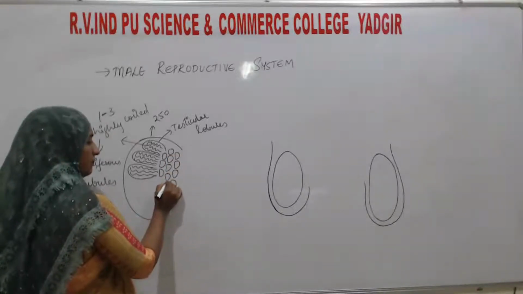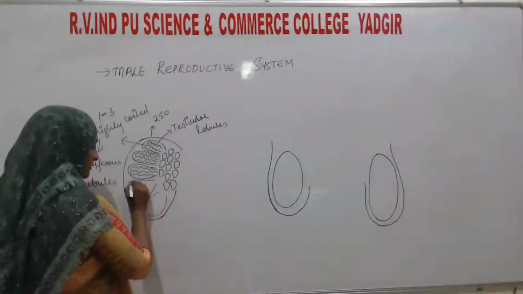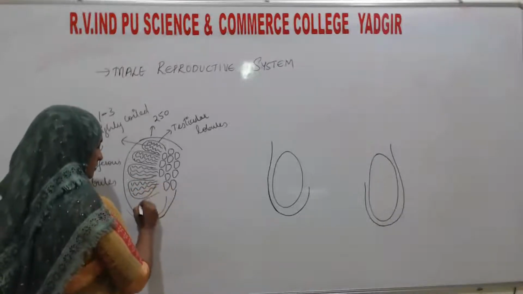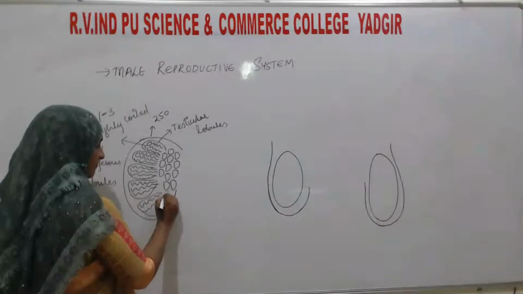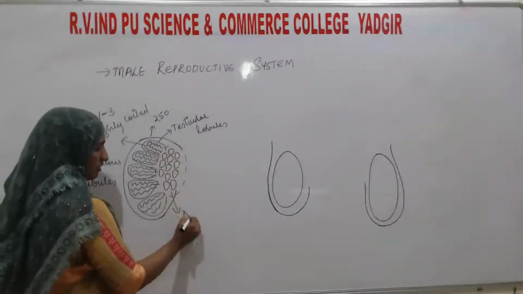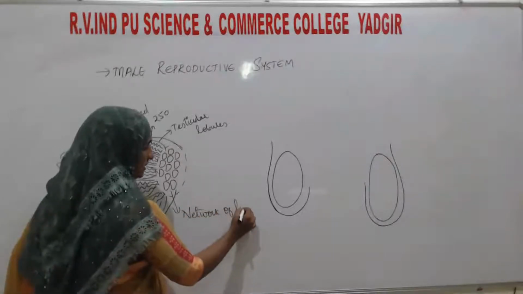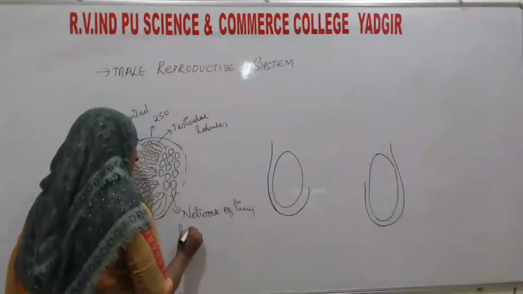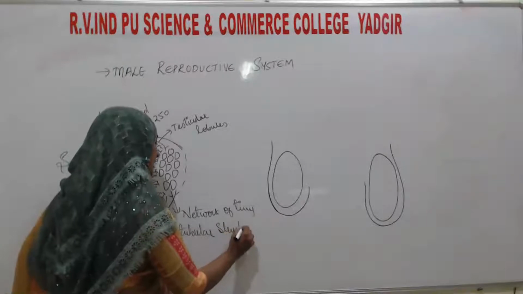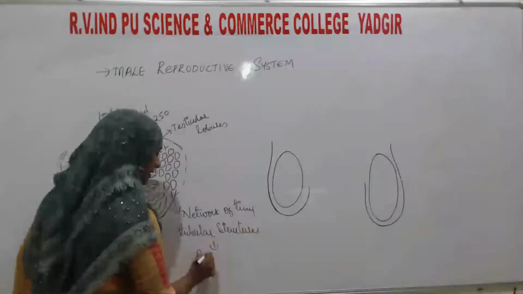These all open into this network of tiny tubular structures, and this network is known as the rete testis.